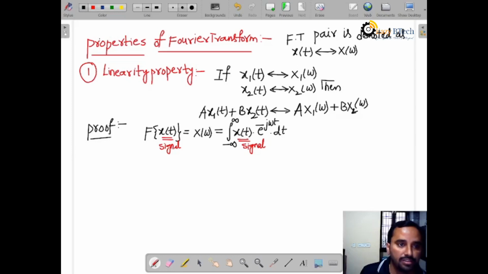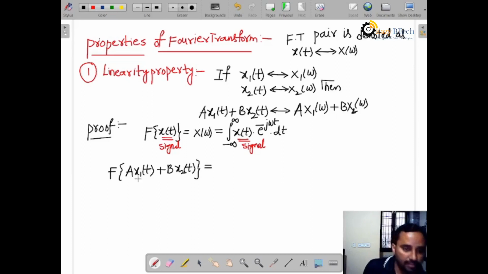We want the Fourier transform of the linear combination of x1 of t, a into x1 of t plus b into x2 of t. How to write this Fourier transform?